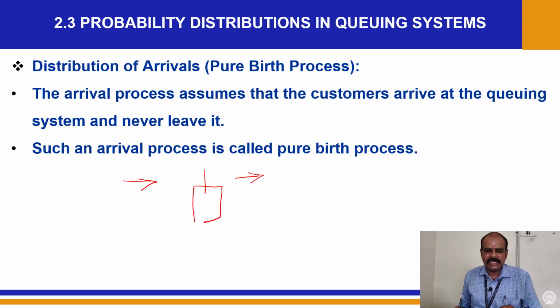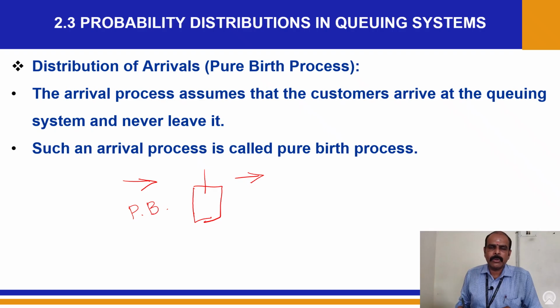For example, in a bank they came for some money transaction, or at a food stall they came for a takeaway. The distribution of arrival is considered to be a pure birth process. This is another assumption. Pure birth process means that customers arrive at the queue system and never leave it. They came and they are waiting, and they will keep waiting until their service is done.